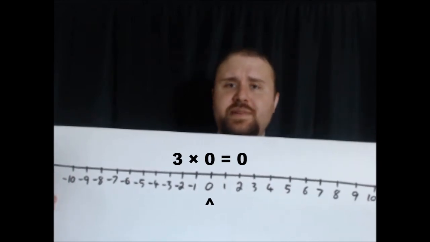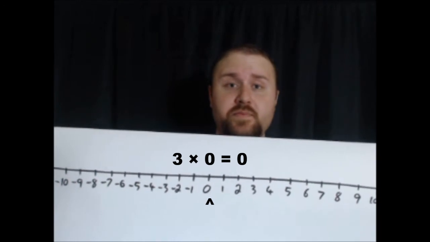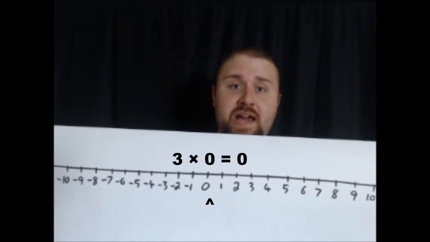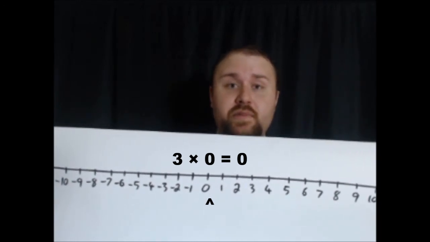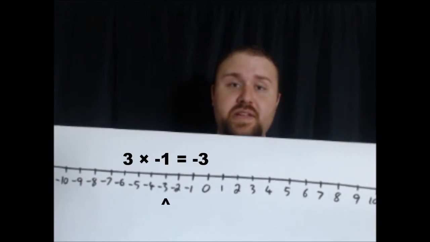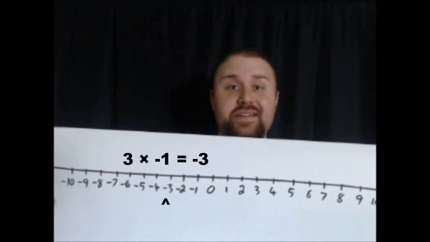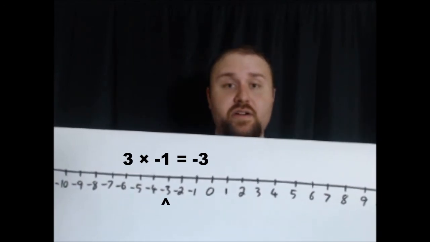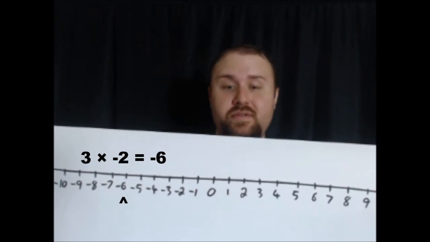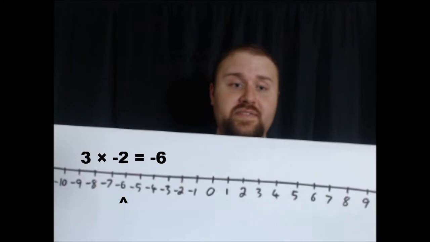Now, if I were to decrease my second number again from 0, it would be negative 1. And by the same pattern, I move down another 3. So that means 3 times negative 1 is negative 3. And I could continue on if I wanted. I could go from negative 1 to negative 2, go down 3 more, and now I have negative 6.